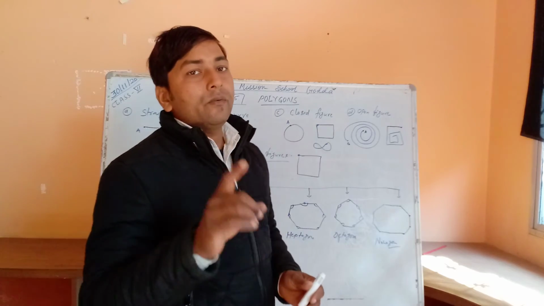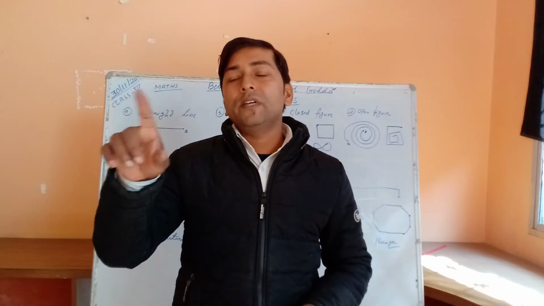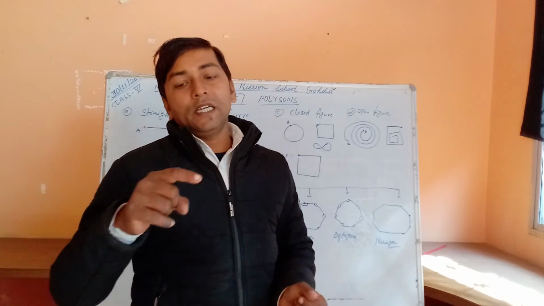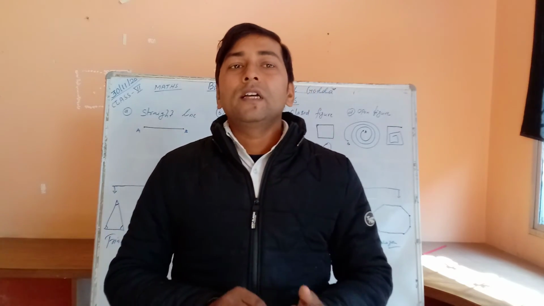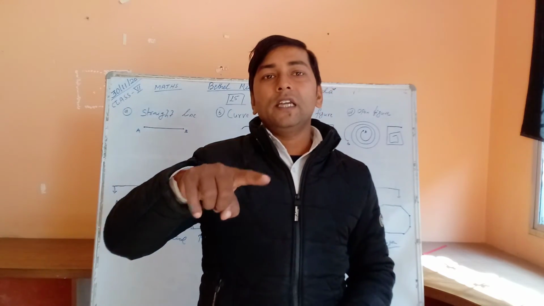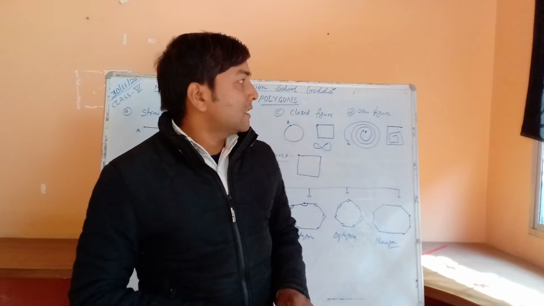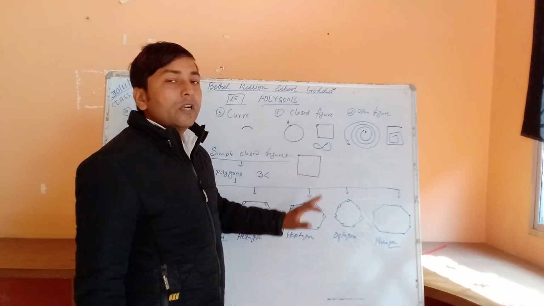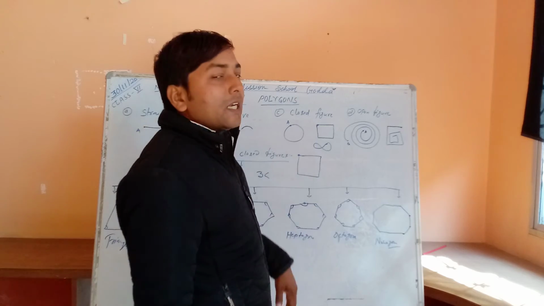And the curve is when we draw a curved line. A closed figure is when the starting point and the end point of a figure are the same. An open figure is when the starting point and the end point are not the same. A simple closed figure is when the lines don't cut each other.